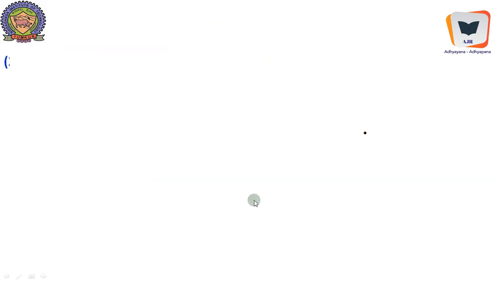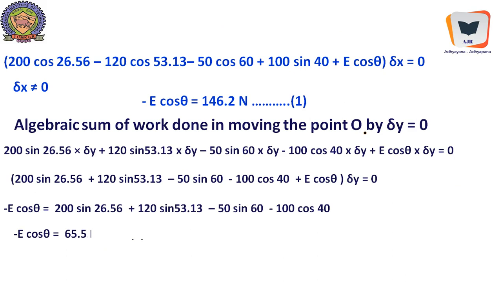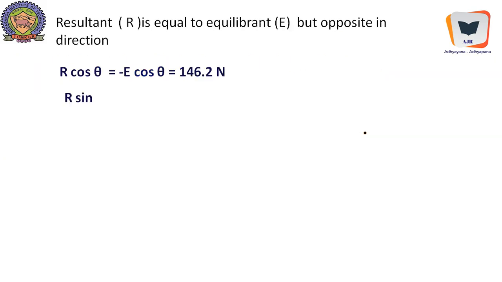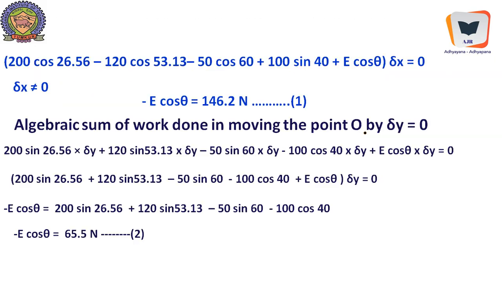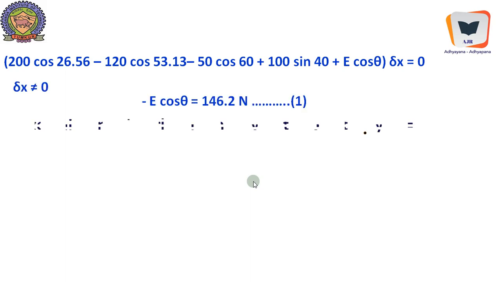So this culminates in this equation for the vertical component now. And yeah, here it is. Algebraic sum of work done in moving the point O by del y equal to 0. Therefore 200 sine 26.56 into del y, 120 sine 53.13 into del y, minus 50 sine 60 into del y, minus 100 cos 40 into del y, plus e sin theta, I should have said, sorry, e sin theta.